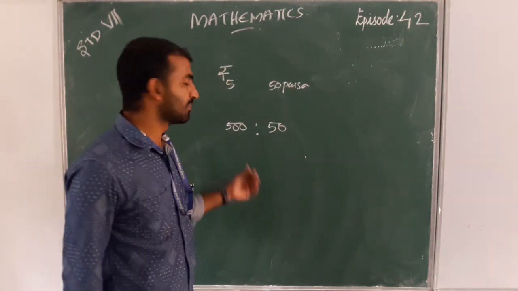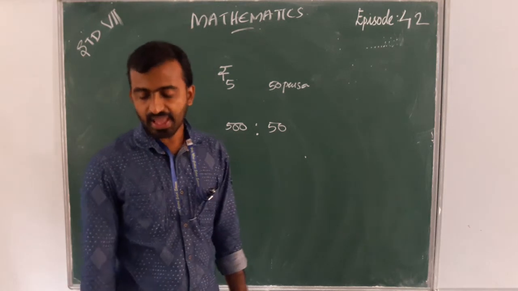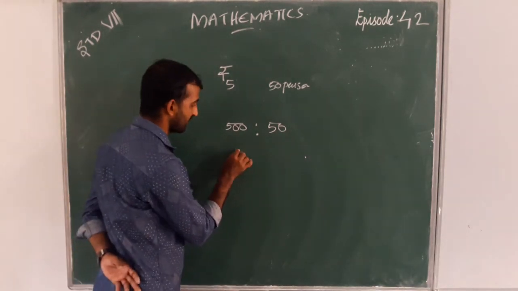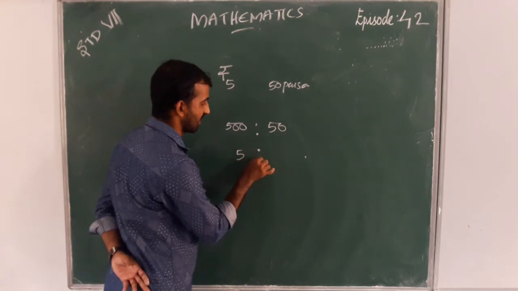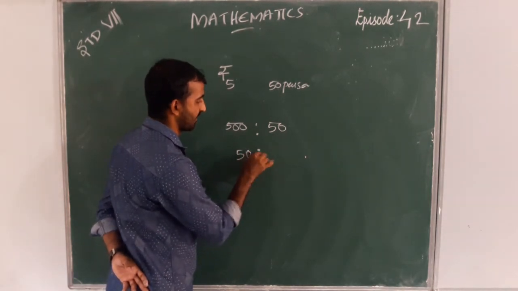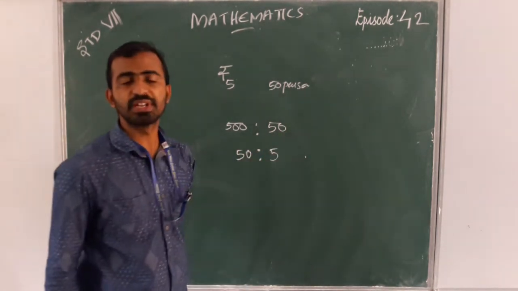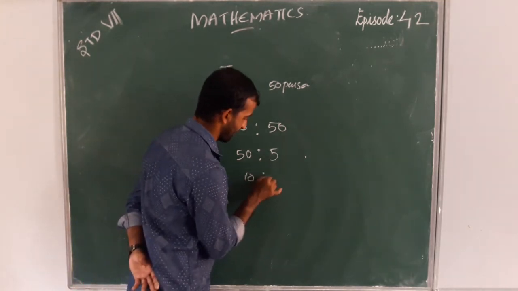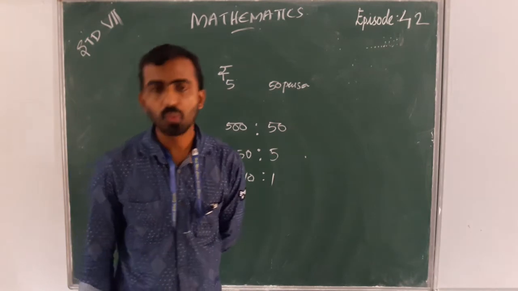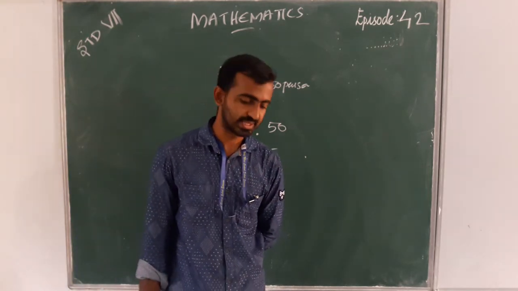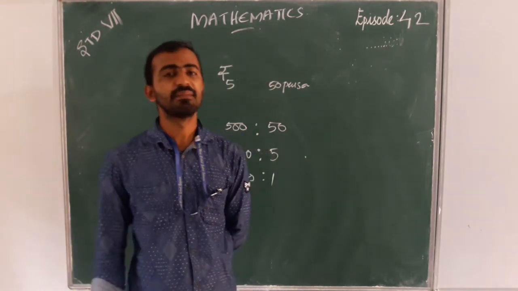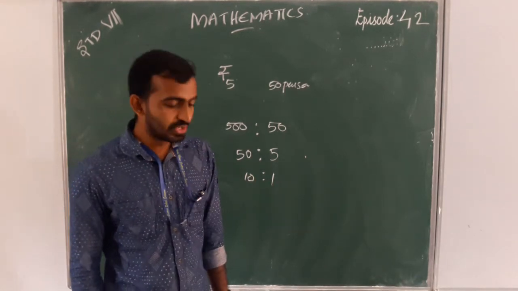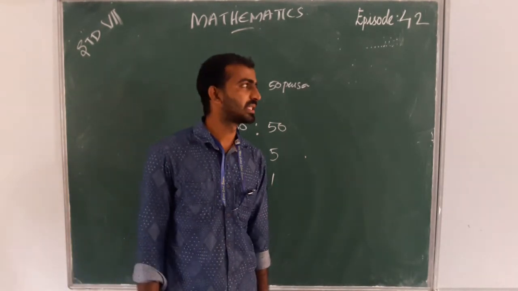We can simplify this. What do we get? 500 is to 50, that is 50 is to 5, and next 10 is to 1. When we simplify this, we get 10 is to 1.